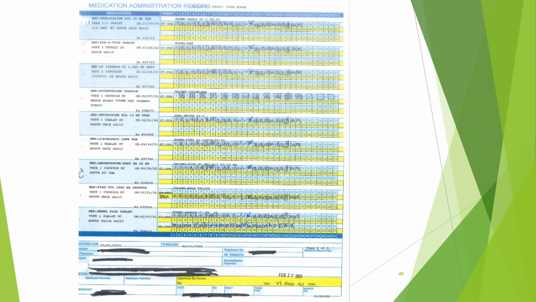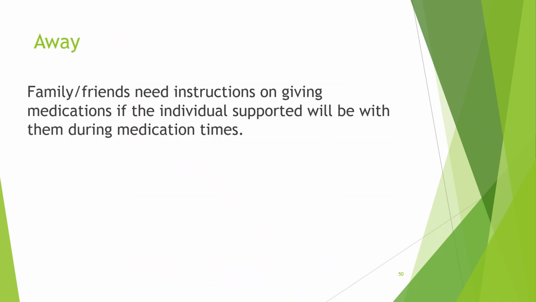It's kind of hard to see, but you will be looking at these when you do your medication observation. Away. When the individuals go away for the weekend, family and friends need instruction on giving medication if the individual supported will be with them during medication time.